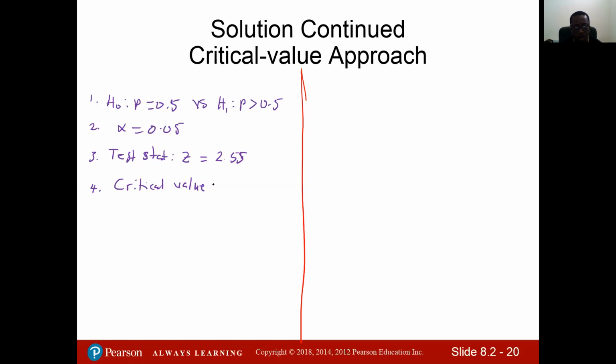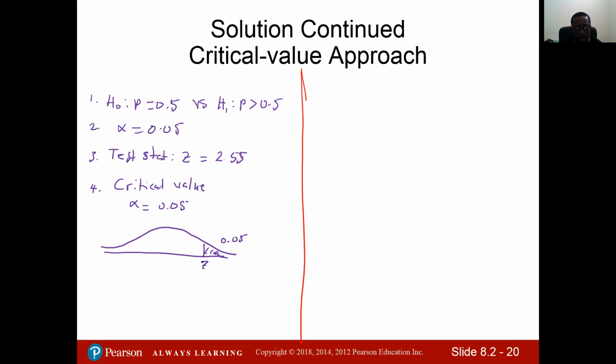All right, so what is a critical value? Now your alpha is 0.05. You use the alpha, and this is what is happening. You have your density curve. This tail part is 0.05.